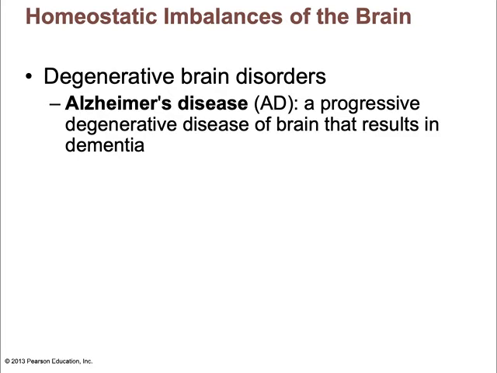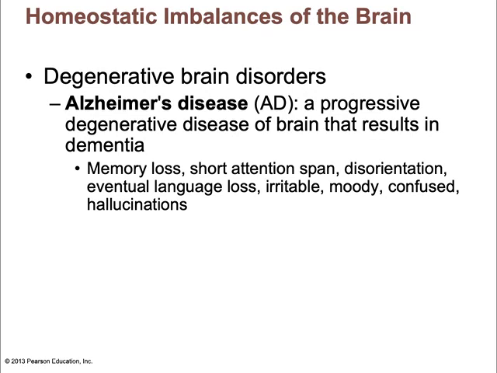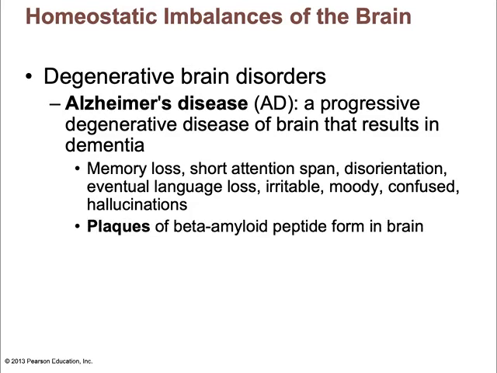What happens as neurons die is it becomes more difficult to access information stored in the brain, and in many cases, some of that information gets destroyed, and the result is that the person becomes less and less familiar with his or her surroundings, and they start to lose skill sets. Okay, we see disorientation, language loss, moodiness, confusion, hallucinations.